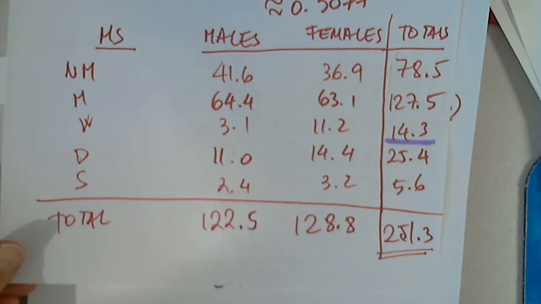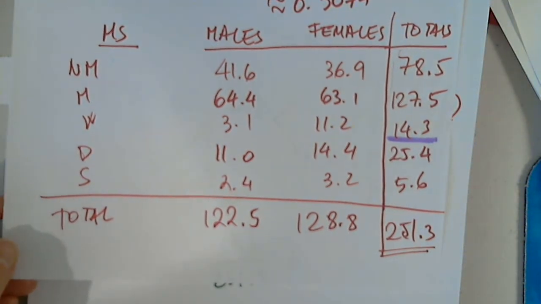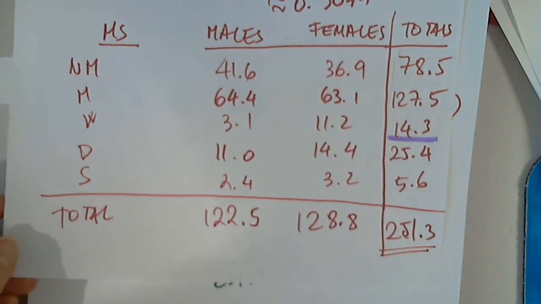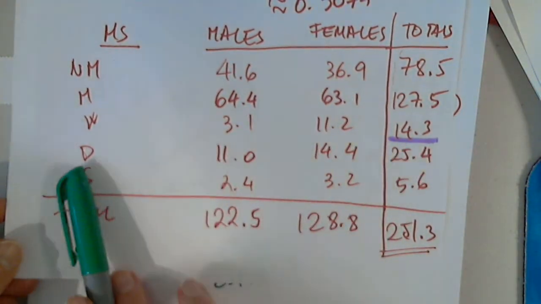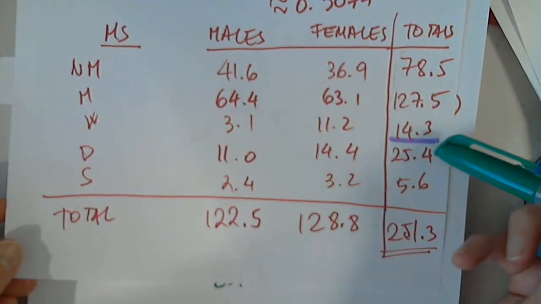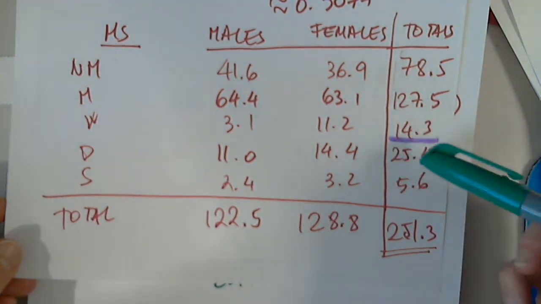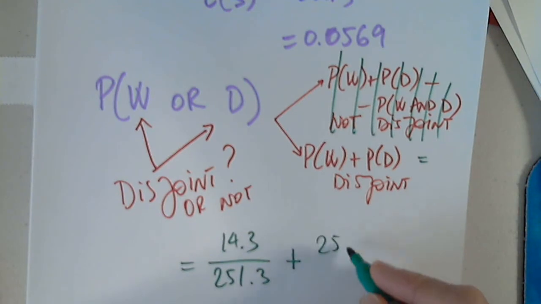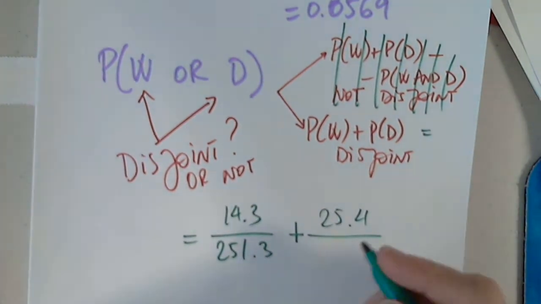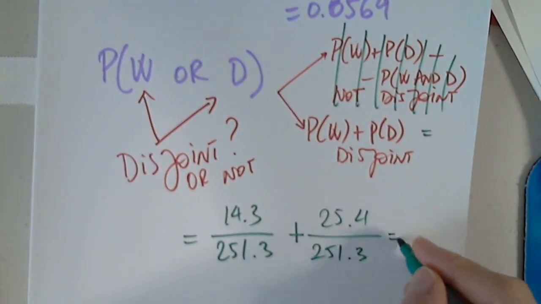Anyone wants to help? Well, it's the same way as we calculated the widowed. Divorced will be 25.4 out of the total. So plus 25.4 out of the same total of 251.3.